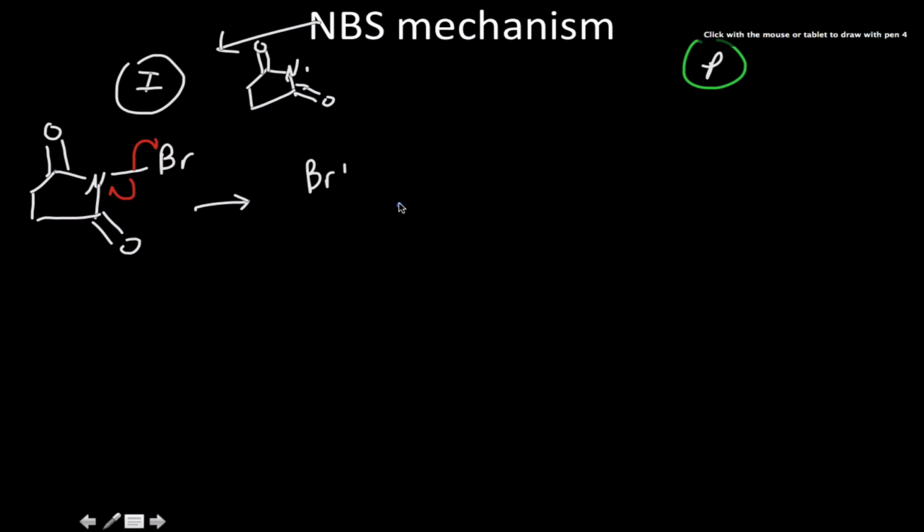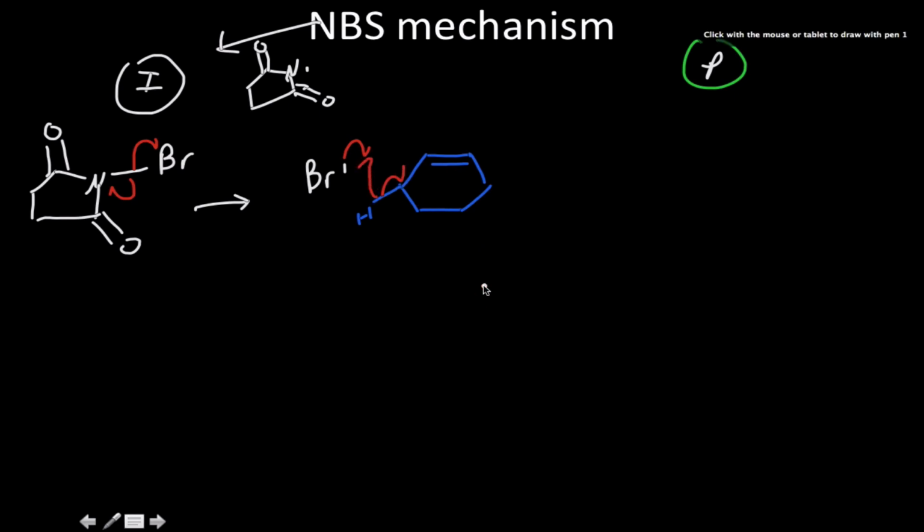This bromine, this radical bromine, is going to react with an allylic substance. There's a hydrogen bound to that. And being a good little bromine that it is, that goes there, and that goes there.